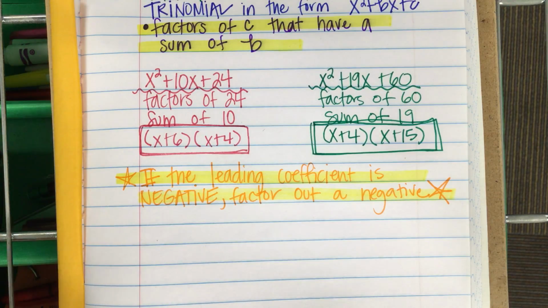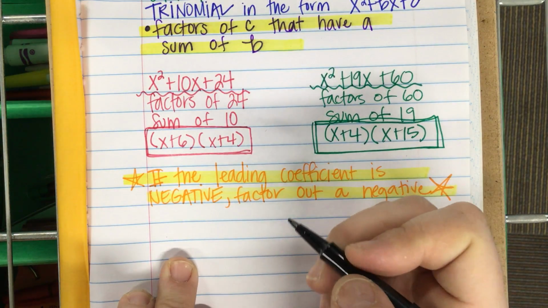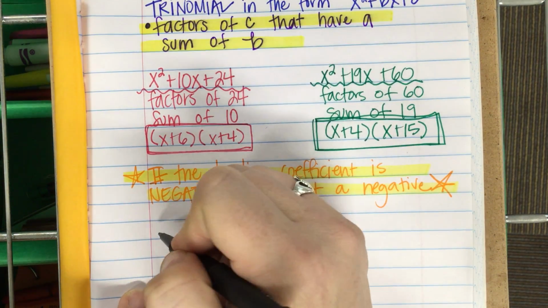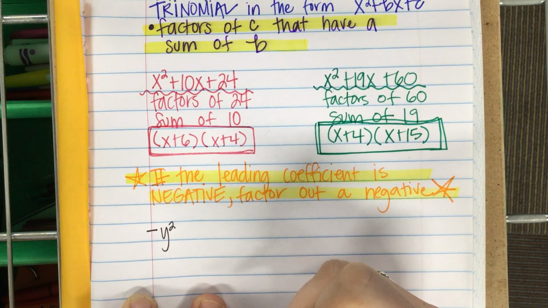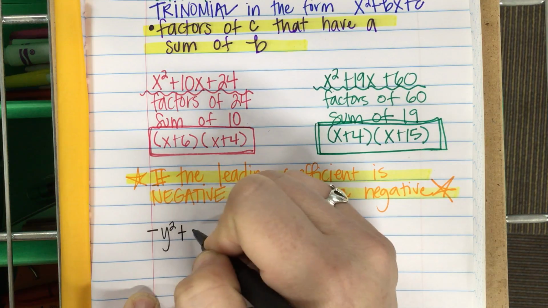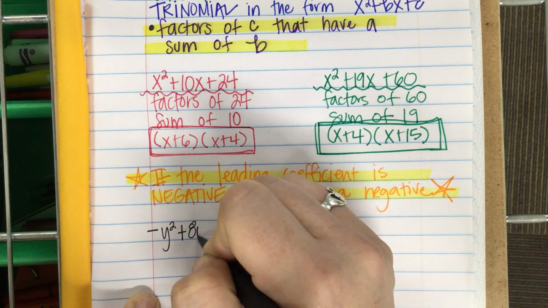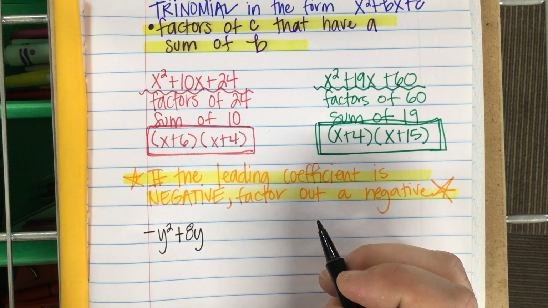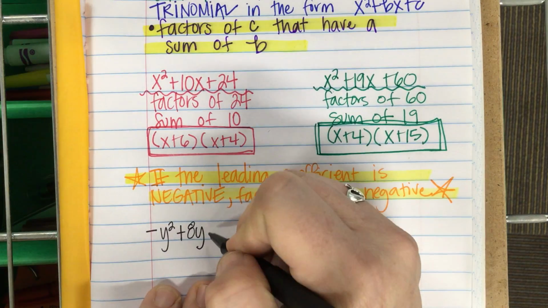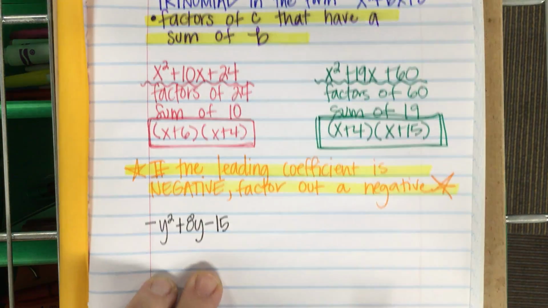So let's do negative y squared plus 8y, hold on, minus 15.